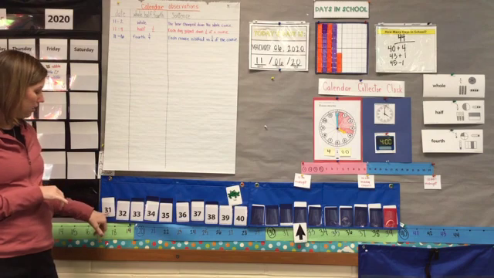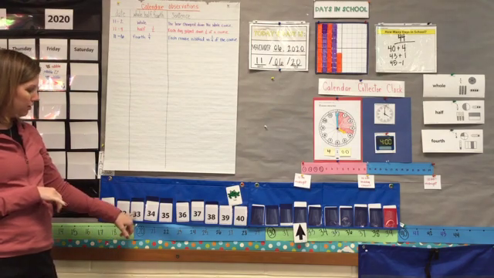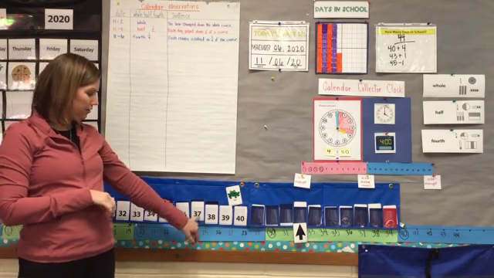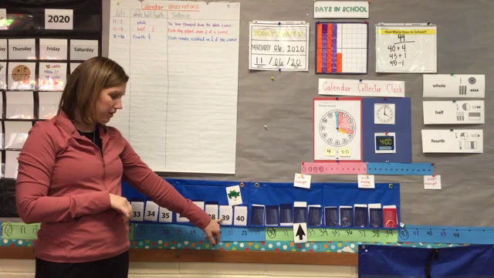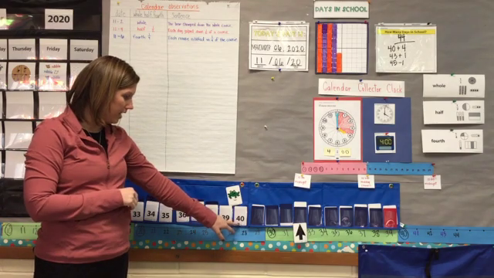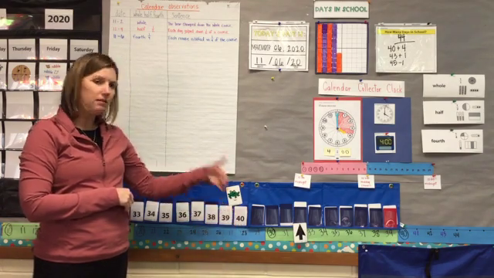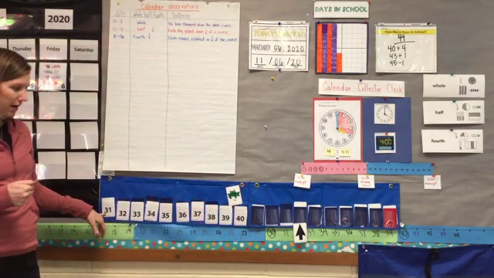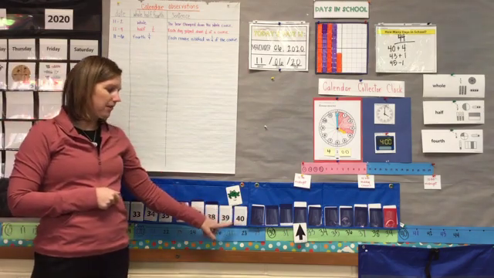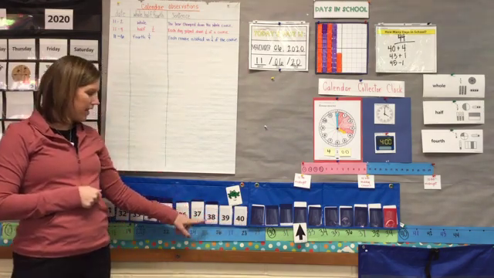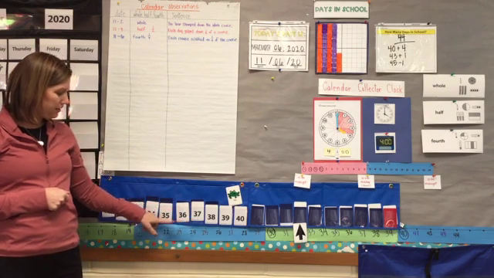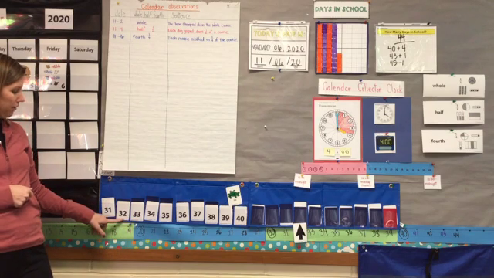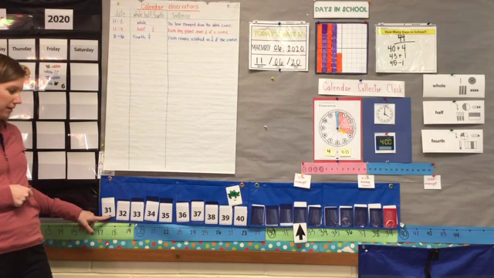So help me count. 31, 32, 33, 34, 35, 36, 37, 38, 39. Then we jump to a new decade, 40. Now let's count backwards. Starting with 40, let's count back to 31. 40, 39, 38, 37, 36, 35, 34, 33, 32, 31.